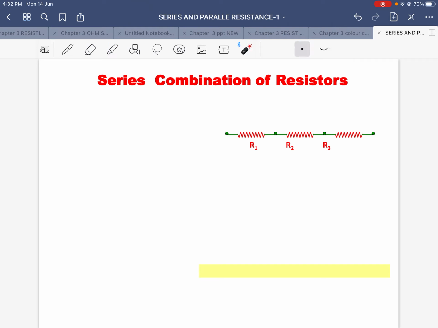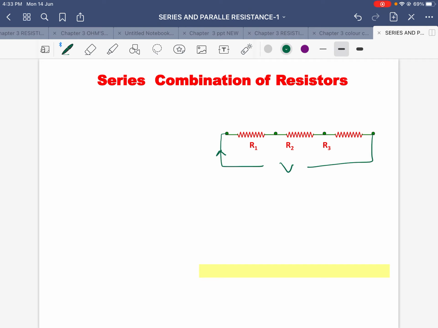Consider we have three resistors having values R1, R2 and R3. These are connected in series as shown in the figure, and if we apply potential difference V across the ends of this combination of resistors, then because of this potential difference, current I will flow.